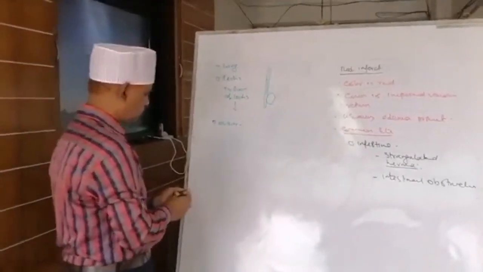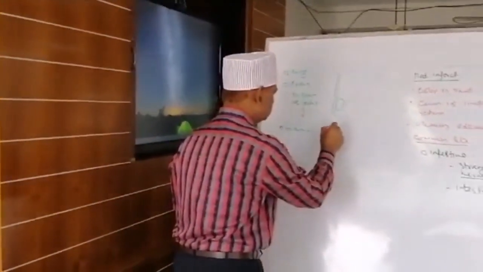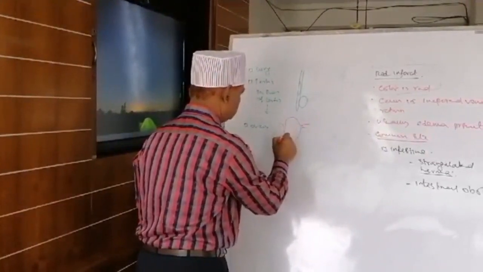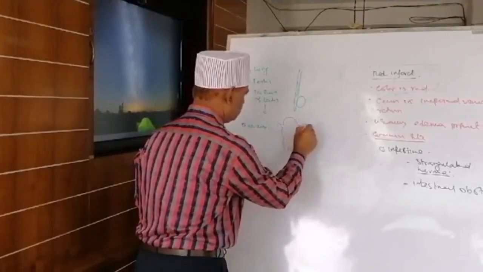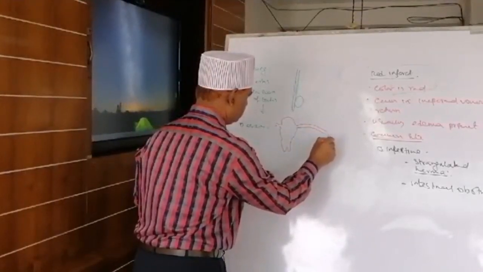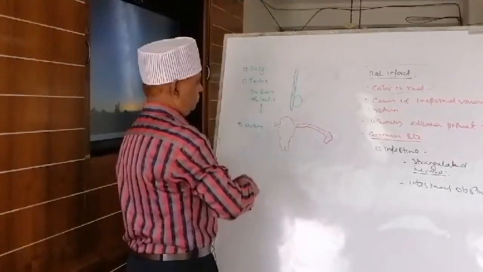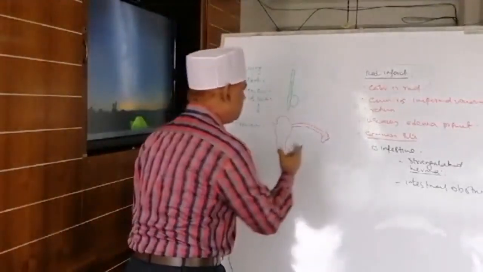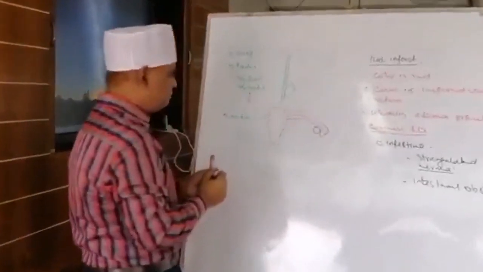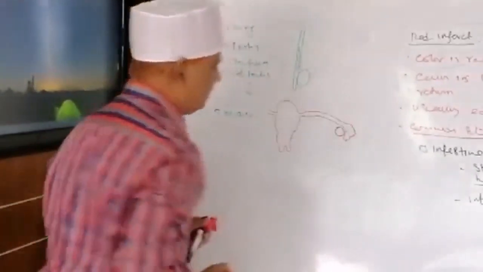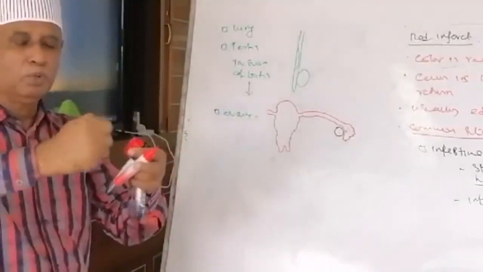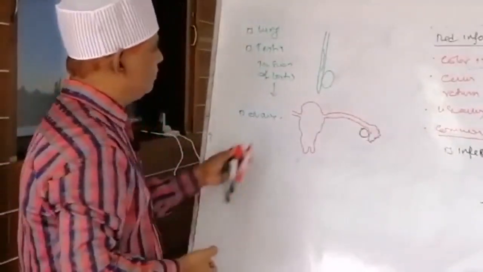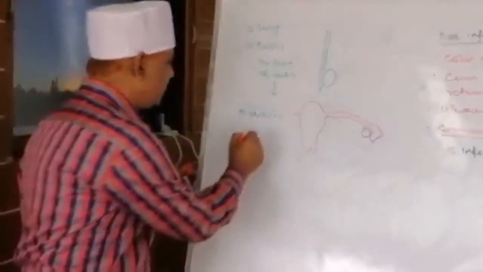Ovary. Dear audience, if this is ovary, at the fimbriated end of fallopian tube, if the ovary undergo twisting, there will be impairment of venous return and the ovary undergo red infarct.